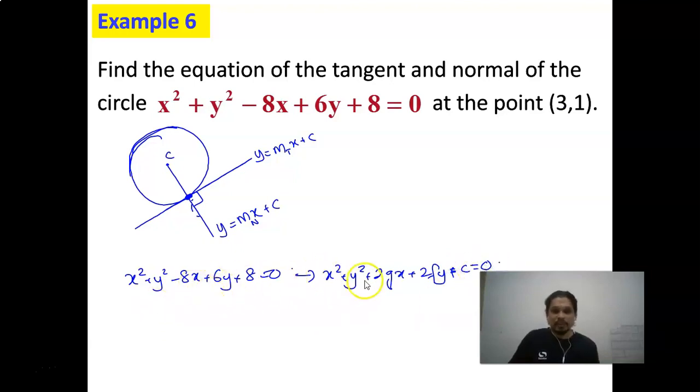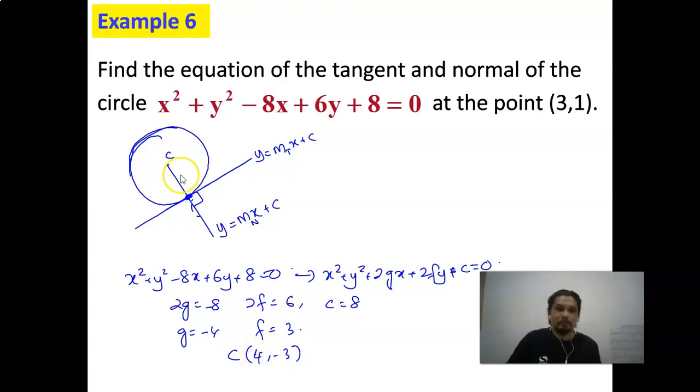So 2g equals negative 8, 2f equals 6, and c equals 8. Then g equals negative 4, f equals 3. So the center is 4 and negative 3.